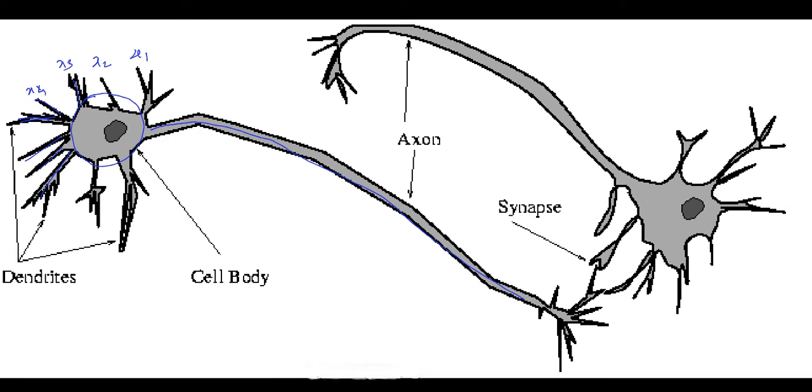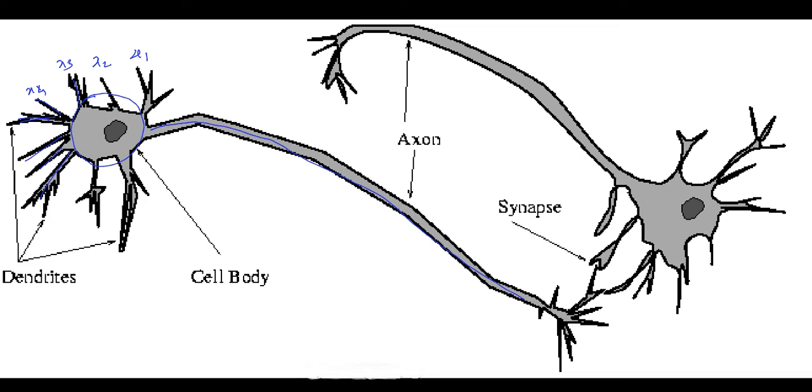Now, not all the inputs are of the same importance, right? Some inputs are more important, some inputs are less important. So depending on the importance, the inputs are connected via what are called weights.